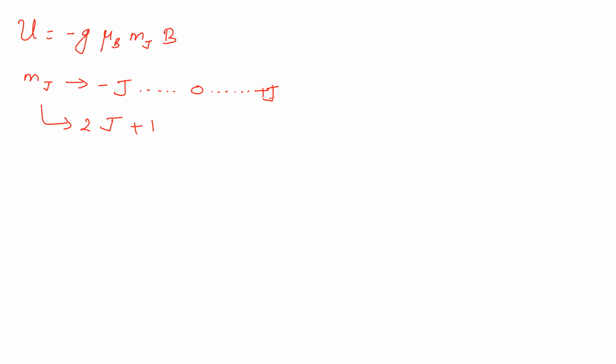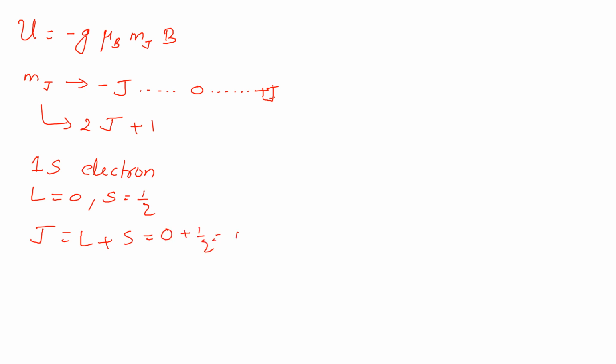As an example, take the 1s electron. We know it has L value equal to 0 and spin value half. So J will be L plus S, which is 0 plus half, that is half.